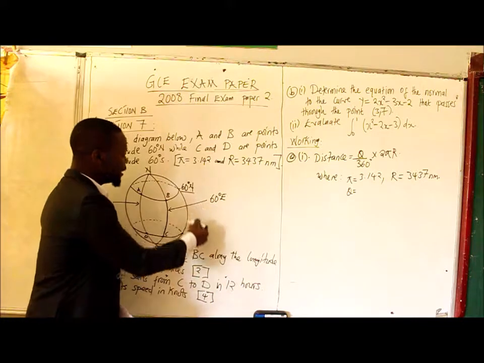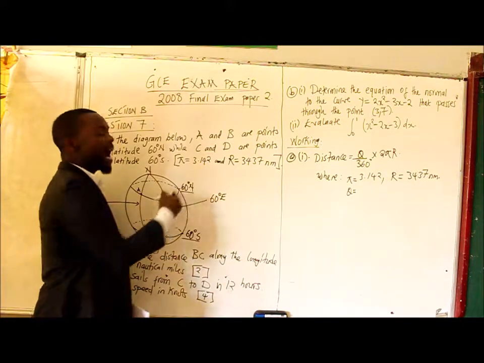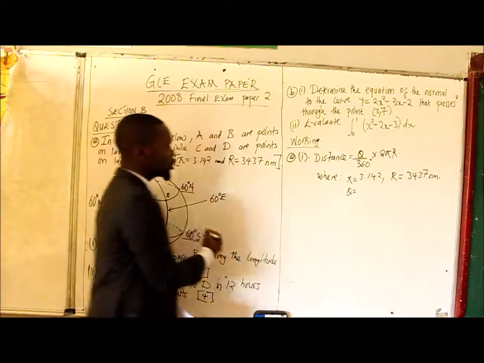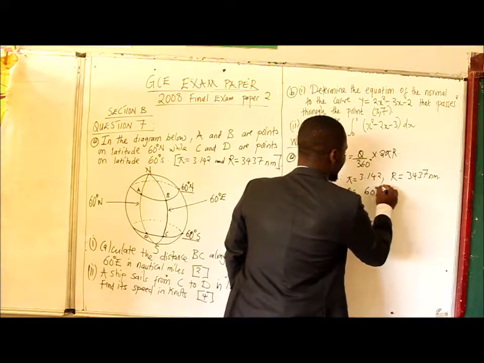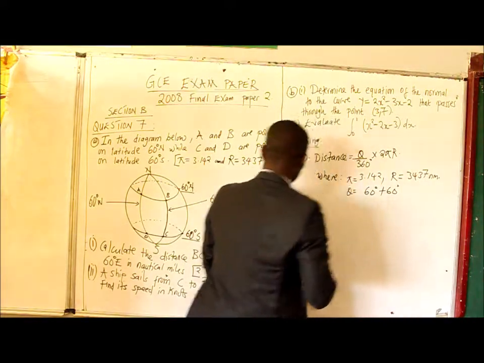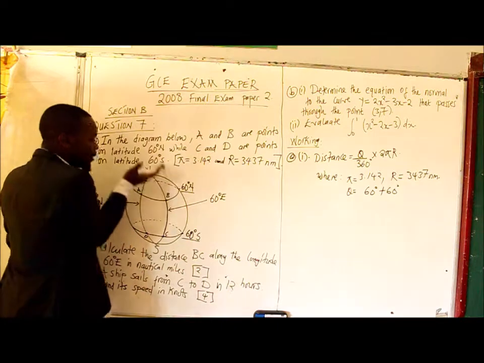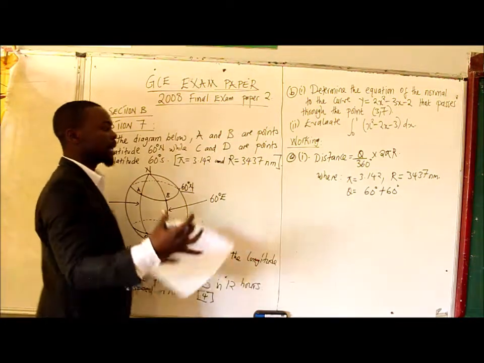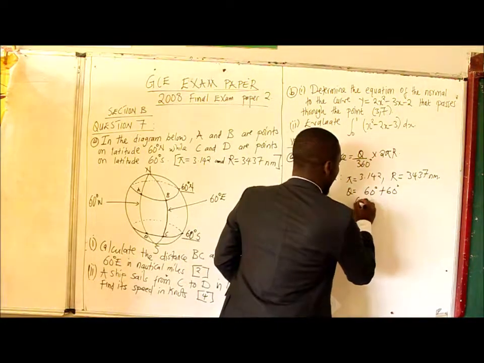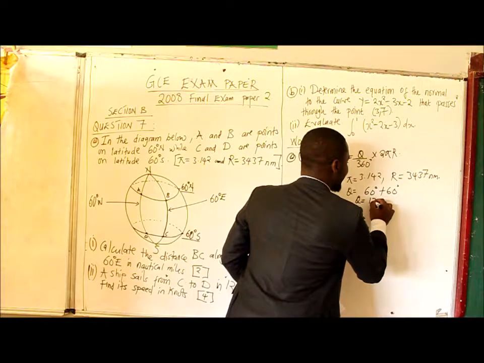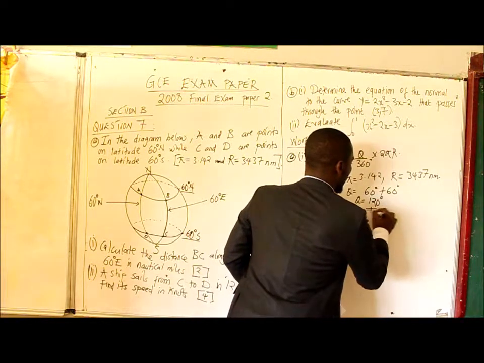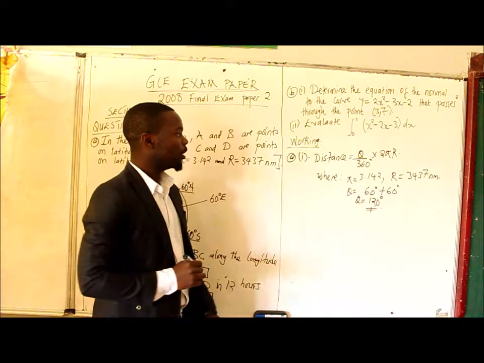Since they are in different positions, we add them. So we add 60 degrees plus 60 degrees. If they were both on north or both on south, we would have subtracted. So theta is equal to 120 degrees.